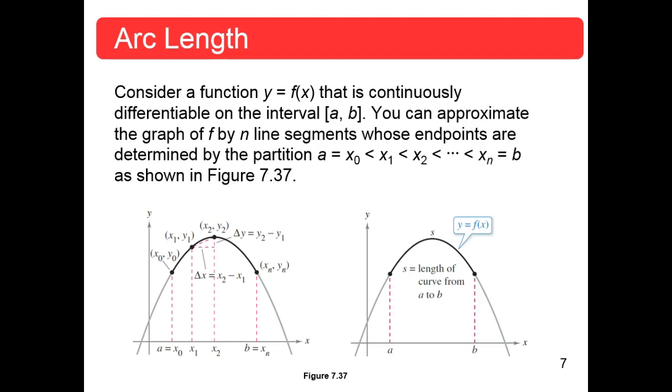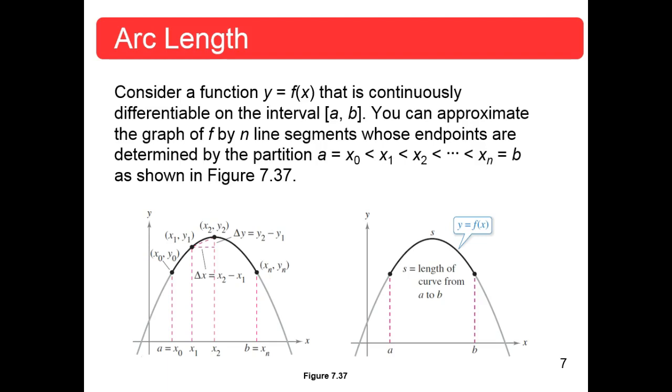That's your length here. Your delta y is y2 minus y1, which is f of x2 minus f of x1. And the distance formula that we just had is what you use on these two things to approximate that length there.